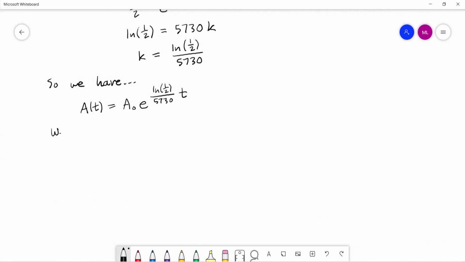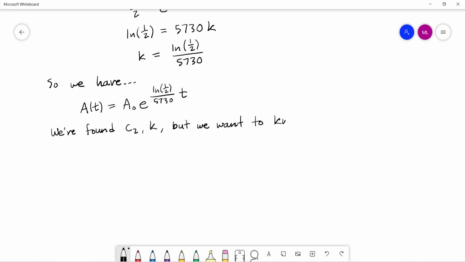We've found basically our initial condition. We used our initial condition to find the constant of integration, and we used the half-life to find the value of k. So we've got our equation now, but that's not what the question asked.